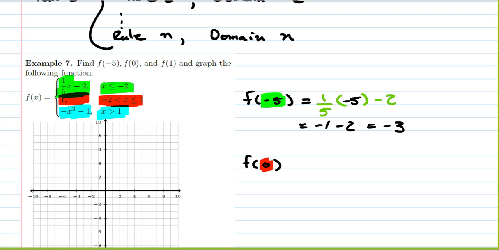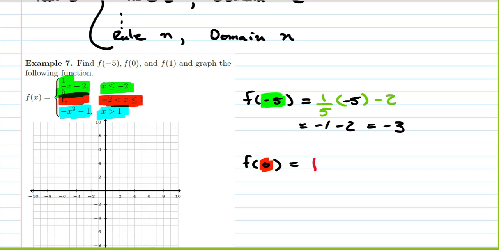So 0 belongs in the red domain, which means then, instead of putting it into the green rule like we did for negative 5, 0 is going to go into the red rule. And our red rule is just equal to 1. Right? It's just a 1, there's no x's. So f of 0 is going to be 1.